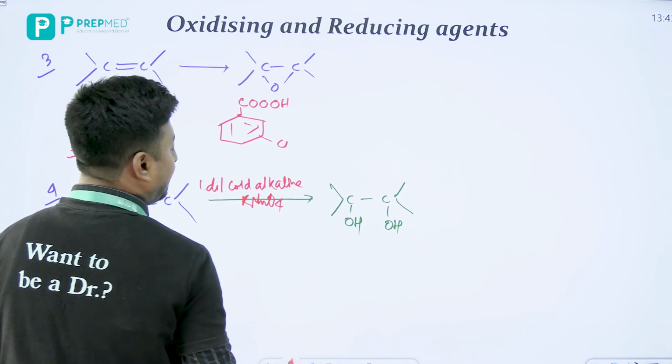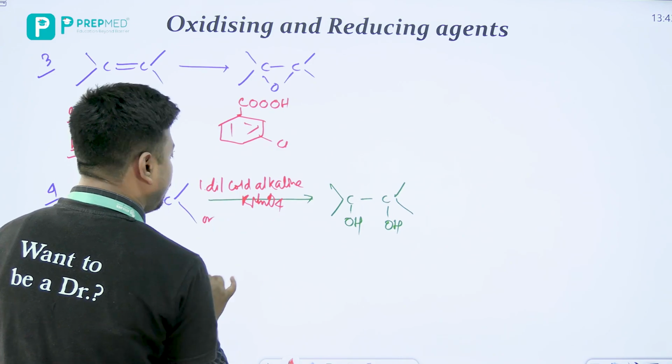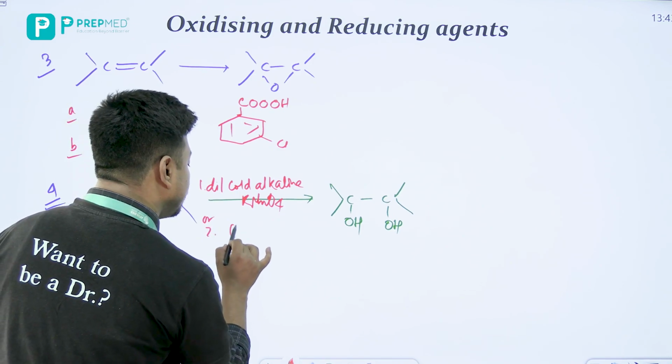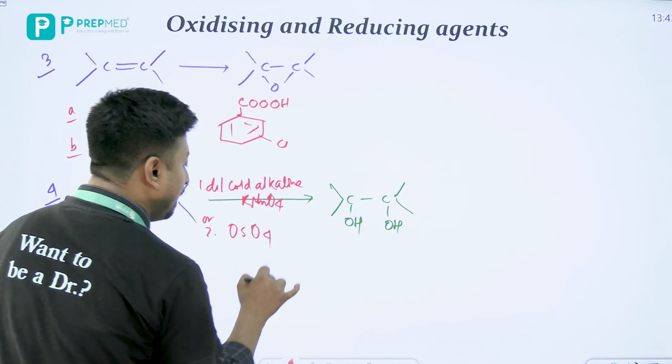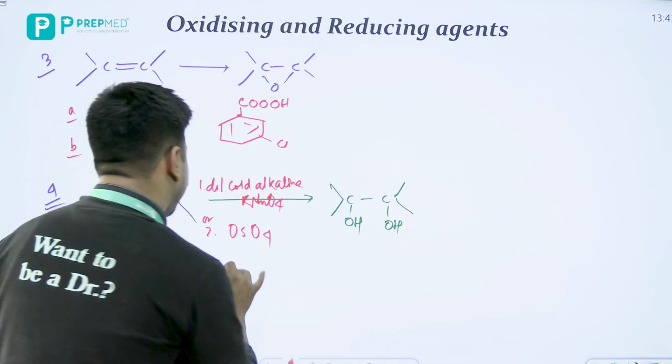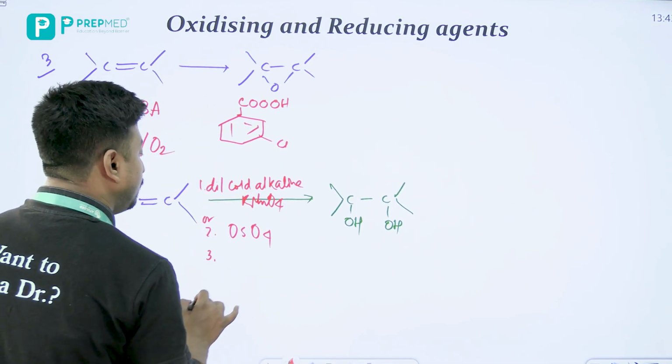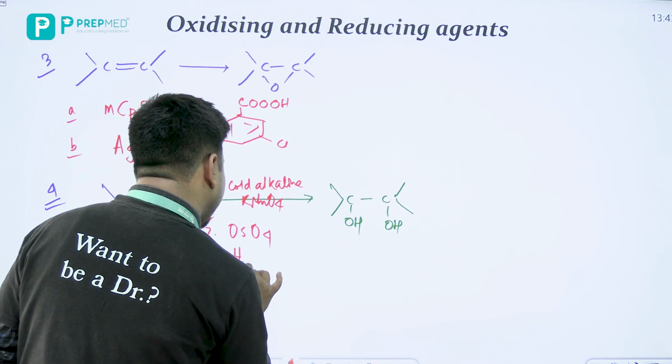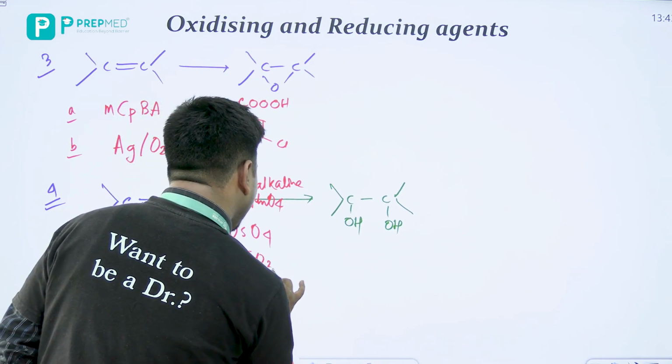We can also use osmium tetroxide. And number 3, we can also use a peracid, that is HCO3H.